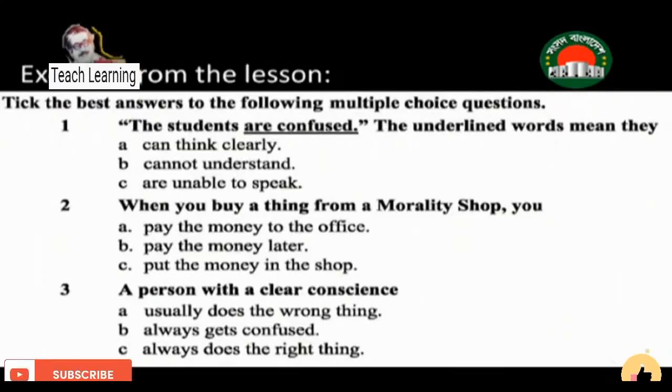Number three, a person with a clear conscience usually does the wrong thing, always gets confused, or always does the right thing. So the person who possesses a clear conscience always does the right thing. So the answer will be C.